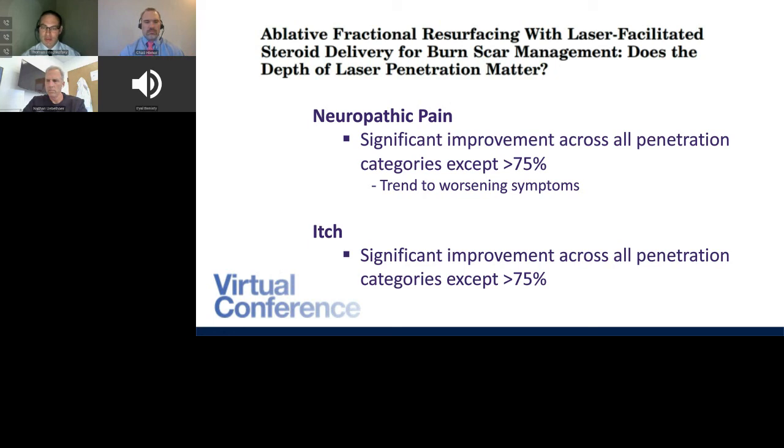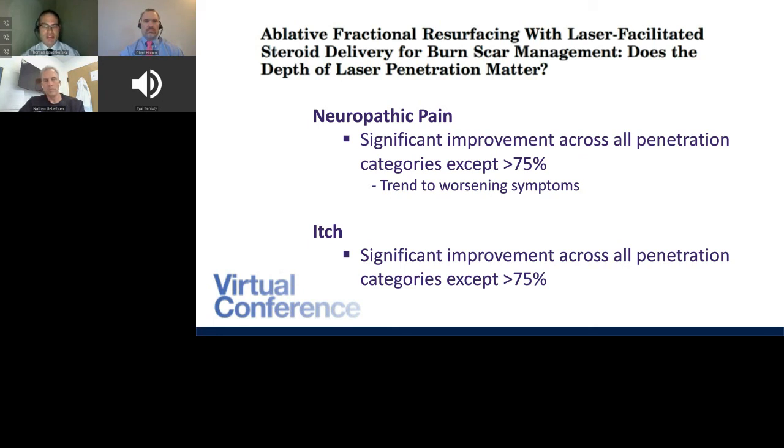So they saw significant improvement across all penetration categories except greater than 75%, where they saw worsening of neuropathic pain. And you see similar findings with itch. So again, this is just another way to warn us that using too much energy and going too deep can cause clinical outcomes that we're trying to avoid.